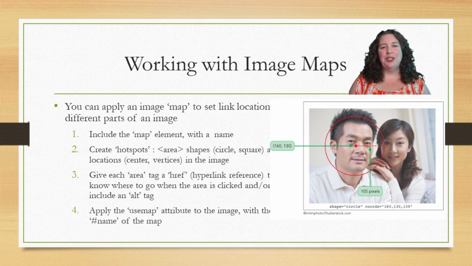The final section of chapter 4 is going to be image maps. Image maps are cool. What they do is they apply a map to the image by giving a coordinate system of either a rectangle or a circle, or an ellipse if necessary, to be able to say this section of the picture is going to link to a specific page.